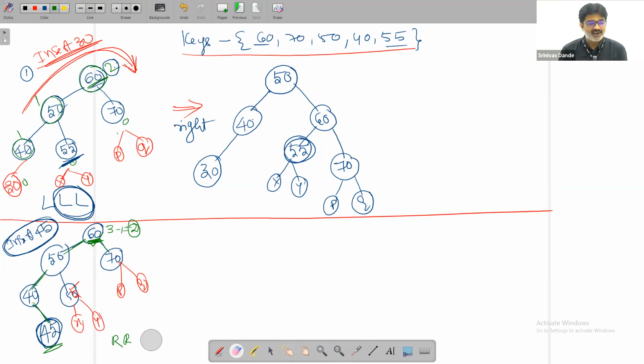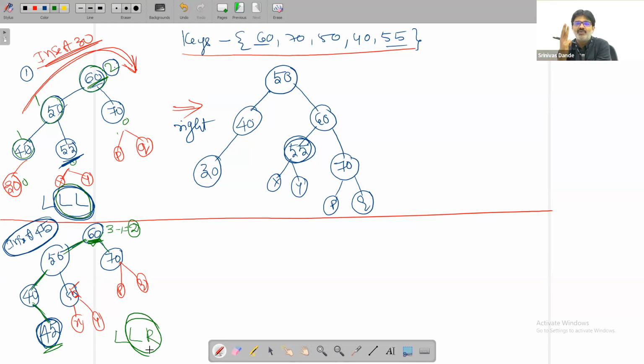This is not R. Yes, this is the left side, and then the right side. So which one do I have to consider, LL or LR? As I told you at the top, you consider the last two only. So what rotation do I have to do now? I have to do LR rotation.